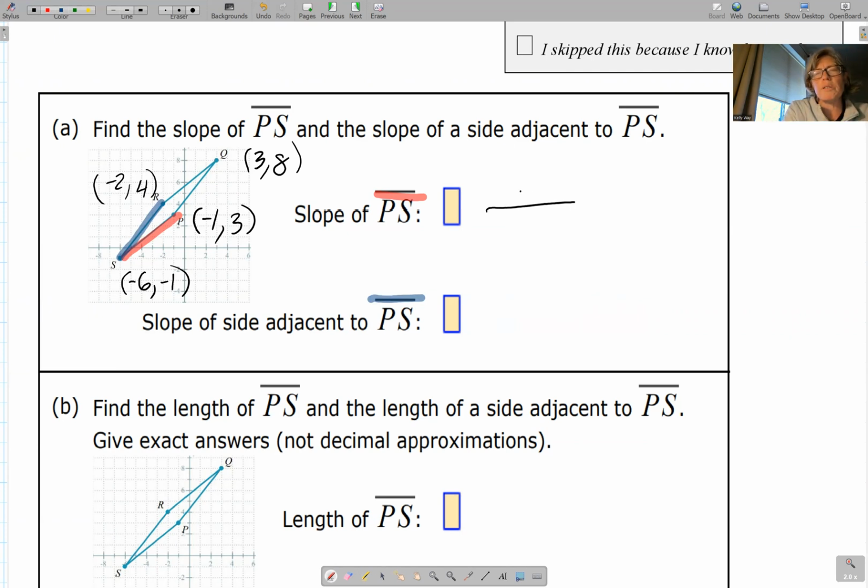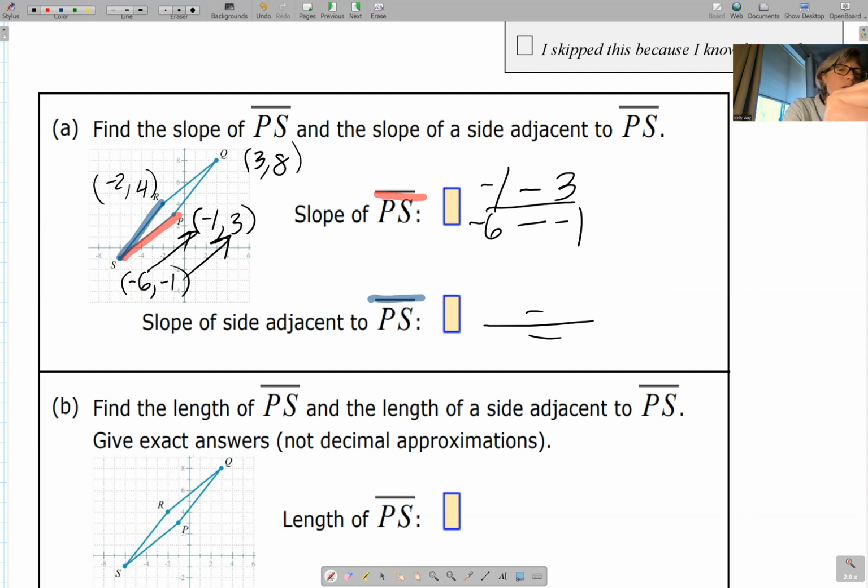I recommend you set up a template. Y minus y over x minus x. So here we go, y minus y. Notice I do the arrows to help my eyeballs catch that correctly. There's 6, negative 6, and negative 1. Be very careful with my double negatives.